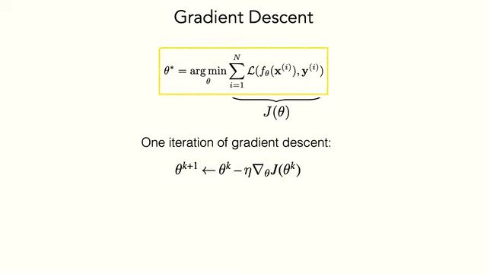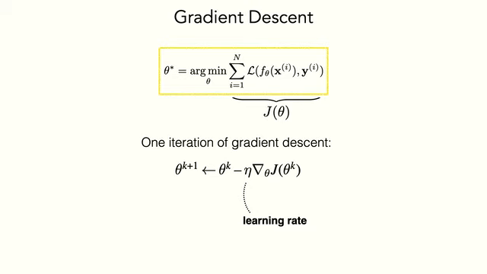So if you assume you're taking a single iteration of gradient descent and trying to find better parameters, what we'll do is start with our kth step of those parameters theta, and then define some learning rate, in this case eta, and that's going to say how far we're going to step in the direction of that gradient.